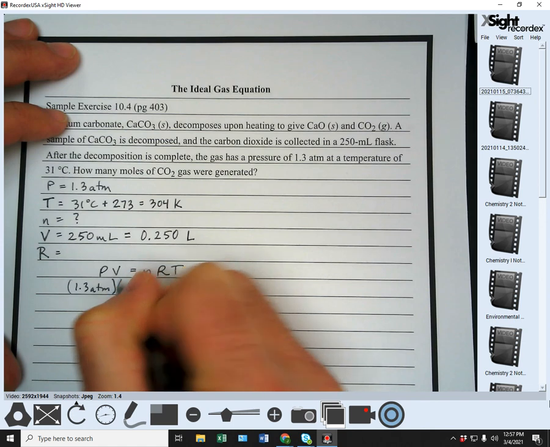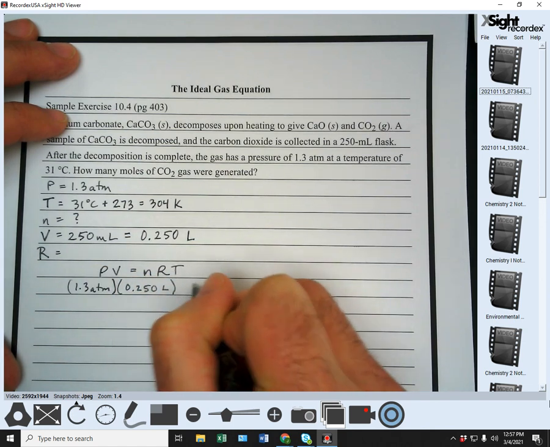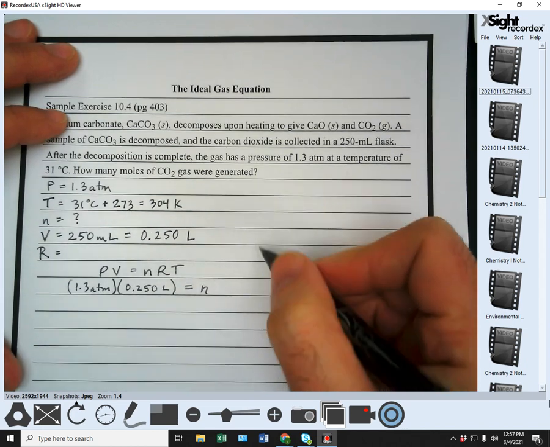Now, if we plug in our pressure, our volume, we're looking for the n, the number of moles.